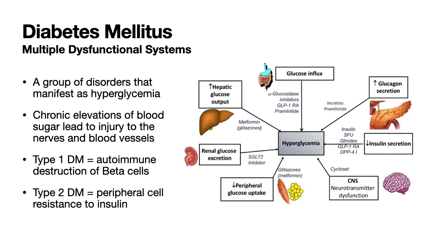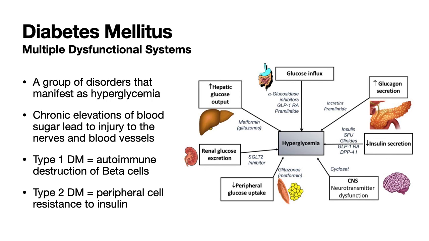The first one is an increase in glucose influx. In patients with type 2 diabetes mellitus, their gastrointestinal tract is abnormally more efficient in absorbing glucose than a healthy individual. So that if you take in the same amount of glucose via food, patients with type 2 diabetes mellitus will be able to absorb more glucose than usual.